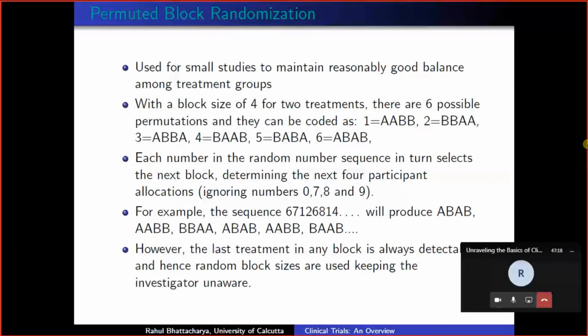So this permuted block design is vulnerable to selection bias. So what we do is the block sizes are taken as random. So random block sizes are used just to avoid selection bias.